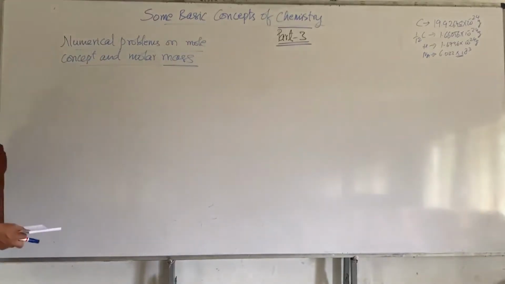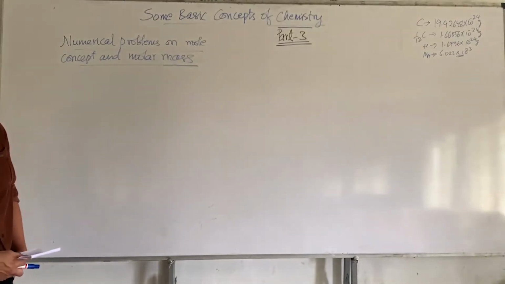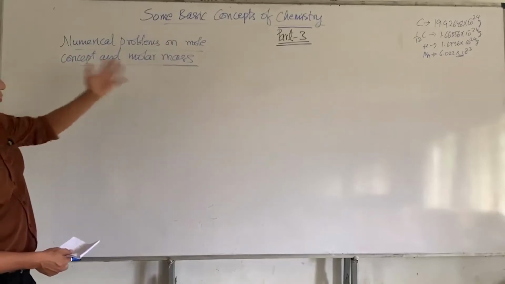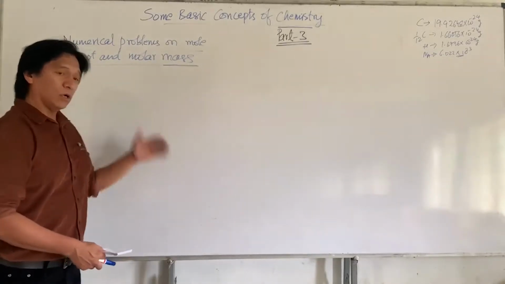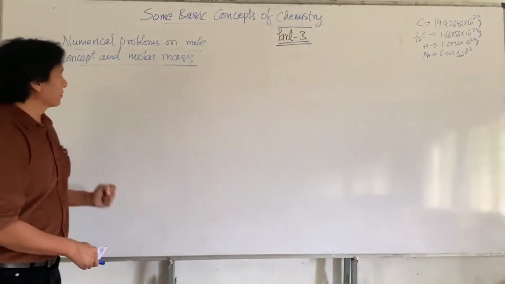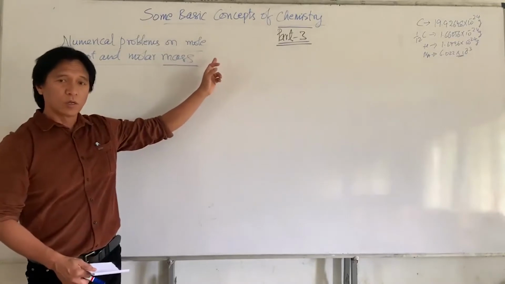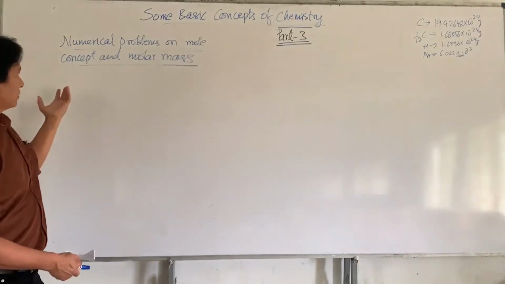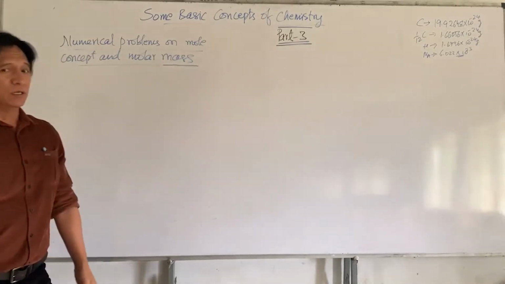Now, continuation of last part 2, that is continuation of numerical problems on mole concept and molar mass. We're going to now work out some problems, right? But before that, you know the meaning of mole, and then you know the meaning of molar mass.